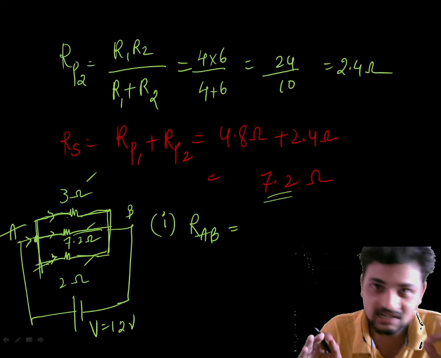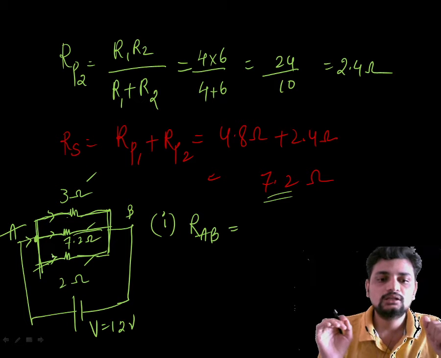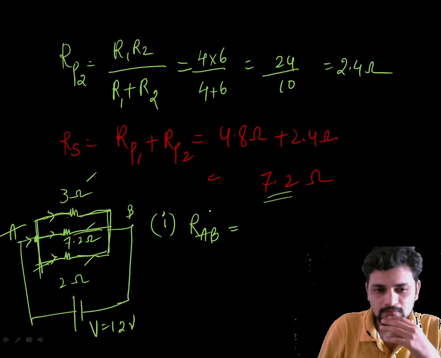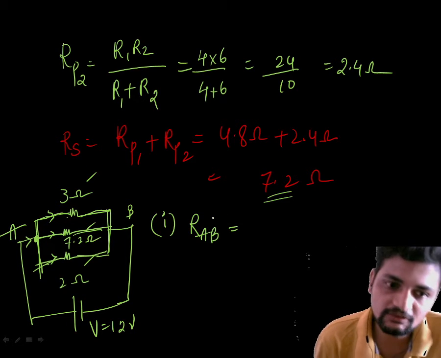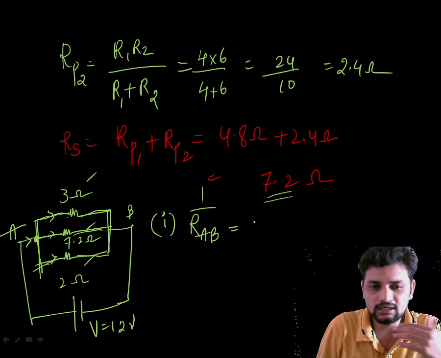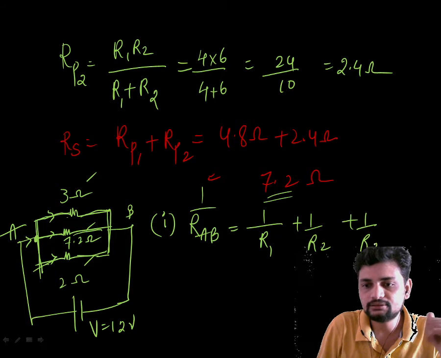So wherever, as I already mentioned, there is a current distribution, the circuit comes out to be in parallel. So the shortcut will not be implemented whenever three resistors are there. So we'll go for the conventional formula, that is 1 by resistance between AB equal to 1 by R1 plus 1 by R2 plus 1 by R3.